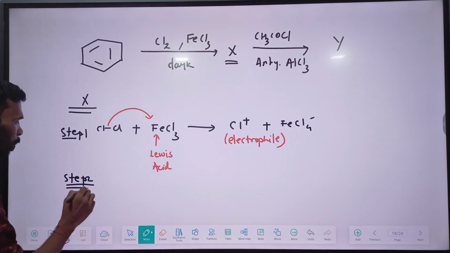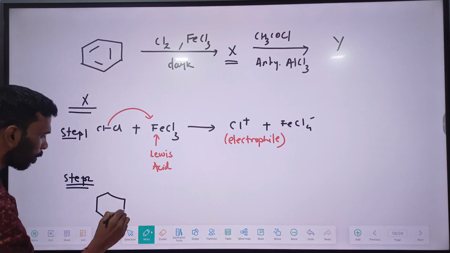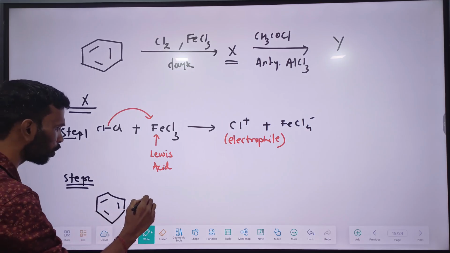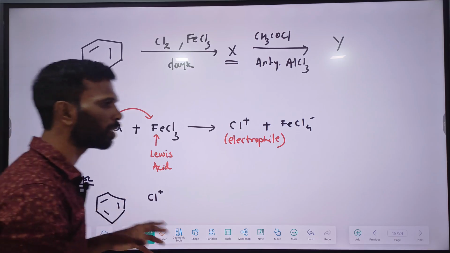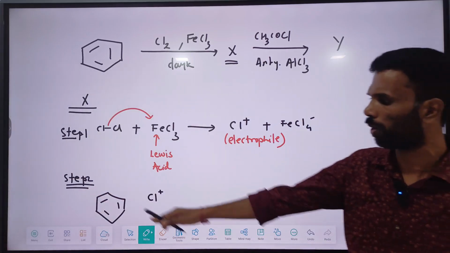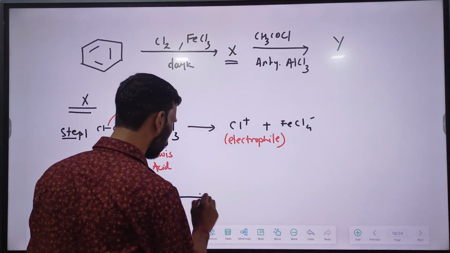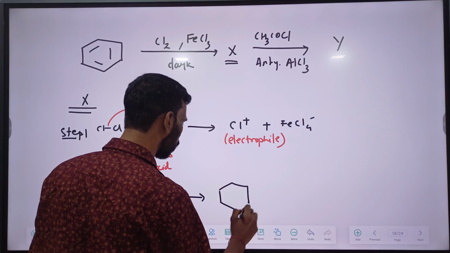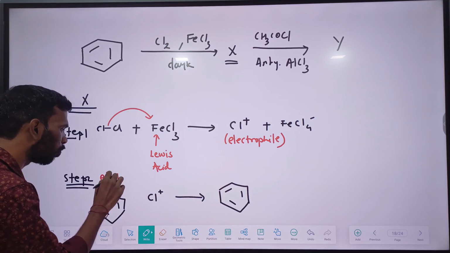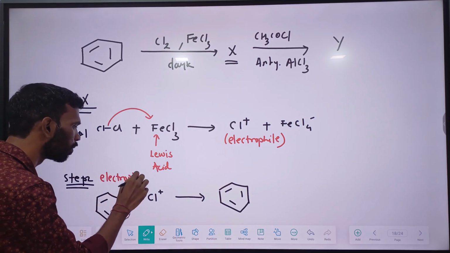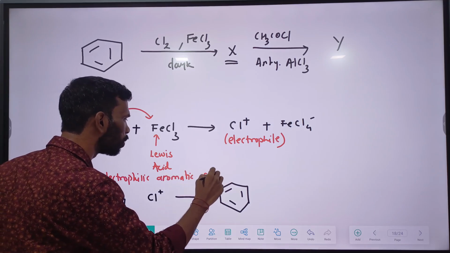And step 2 will be what? You take the benzene and do the substitution of the electrophile Cl plus on any position of the benzene. Now there is no ortho or para because no group is attached to it. All carbon atoms are symmetric over here. So what you get is chlorobenzene, by electrophilic aromatic substitution.